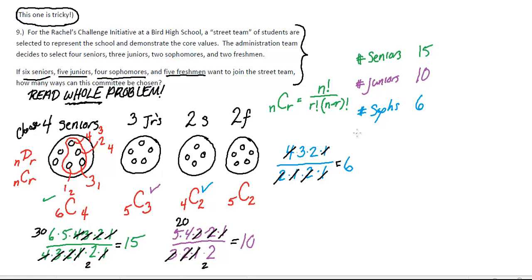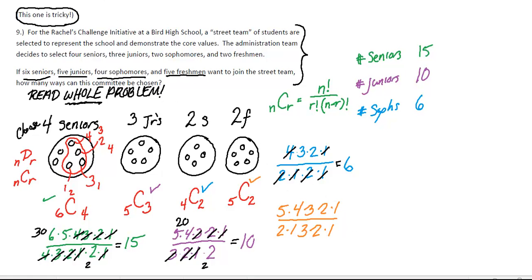sophomores. And freshmen, those losers, we'll do freshman in orange. Okay. Well, now I've got 5 up top, and 5 times 4 times 3 times 2 times 1, divided by r factorial, 2 times 1, 5 minus 2 is 3, 3, 2, 1.